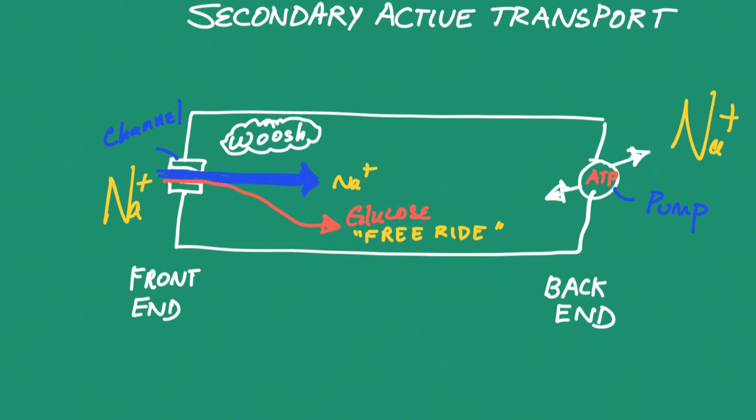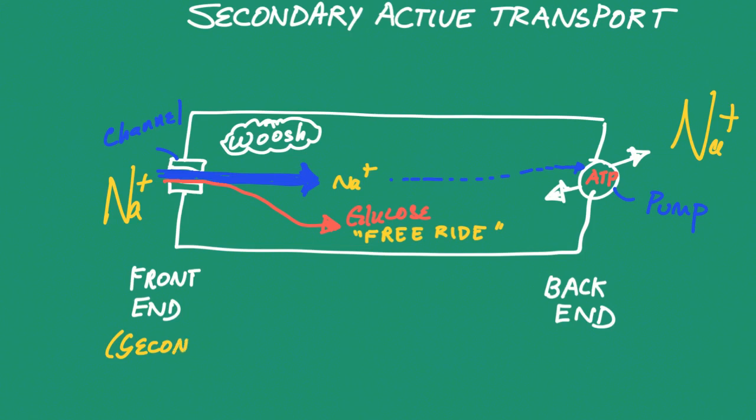Now, if this keeps continuing, sodium keeps entering, the concentration gradient of sodium is going to start decreasing because the sodium inside the cell is going to go up. And the difference between the outside and inside is going to decrease. So, how do we solve that?